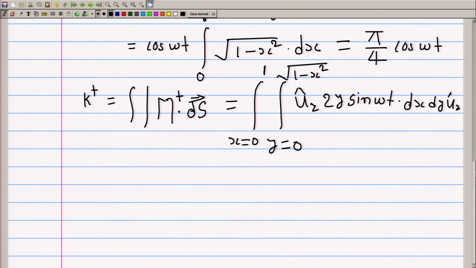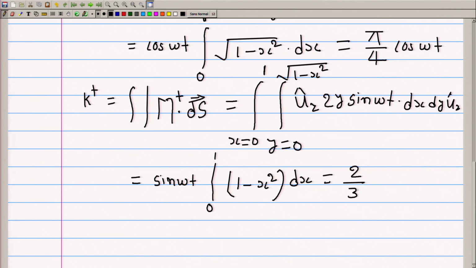In the final expression, sin omega t is constant, and the integral from 0 to 1 of 1 minus x squared dx, because that is y squared, will come to 2 by 3 sin omega t. So, this is the Kt.